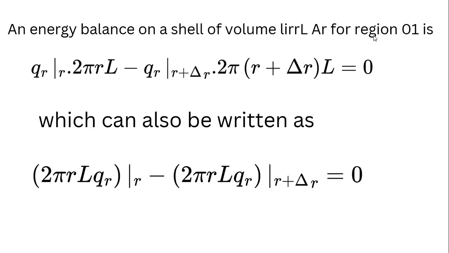Okay, so first the energy balance we did over here. Q_r, the heat at r, times 2 pi r L, minus Q_r, the heat flowing out of the shell at r plus delta r, times 2 pi (r plus delta r) L, equal to 0, which can also be written as the following equation.